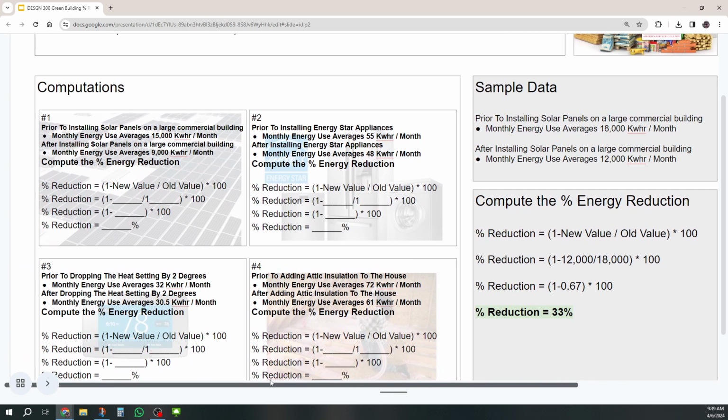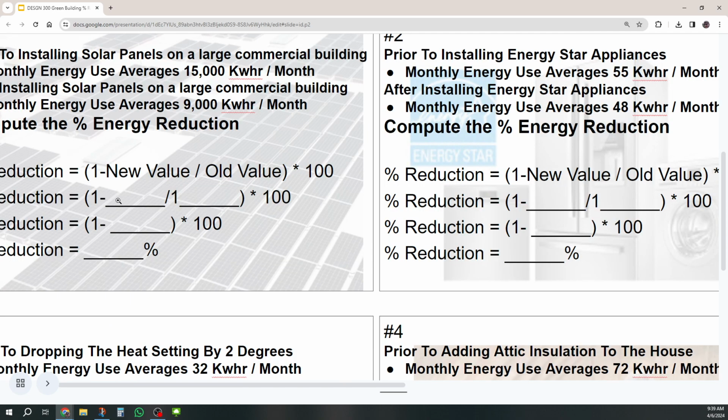Okay, so let's do an example over here of what you're going to do. Right, so here it is with some different numbers. Prior to the installation at a large commercial building, I used to use 15,000. Now I use 9,000. What's the percent energy reduction?